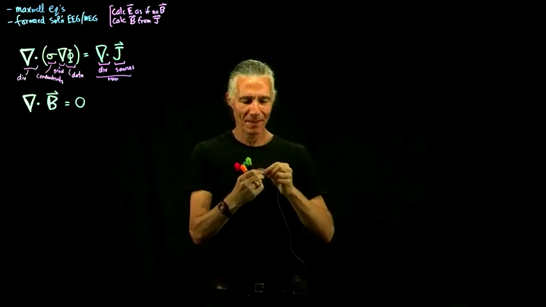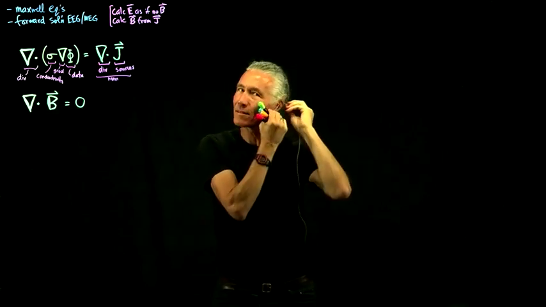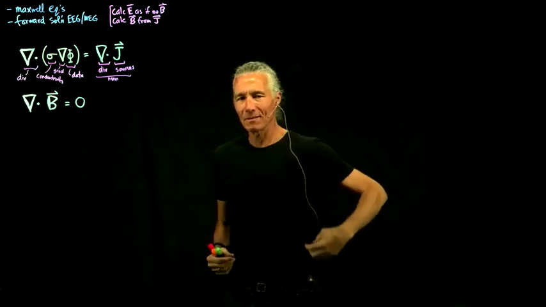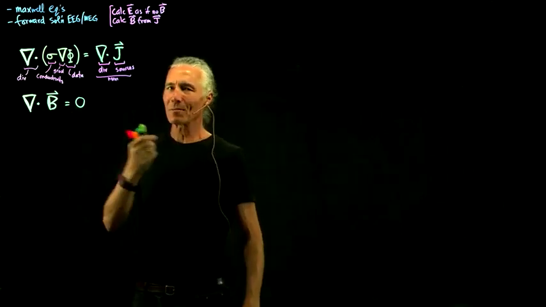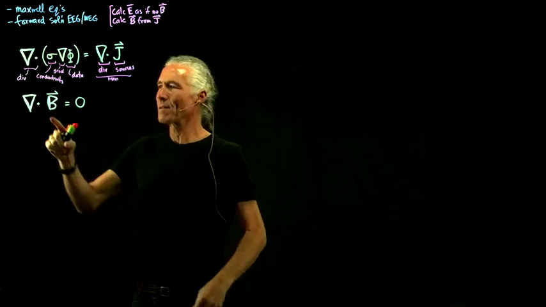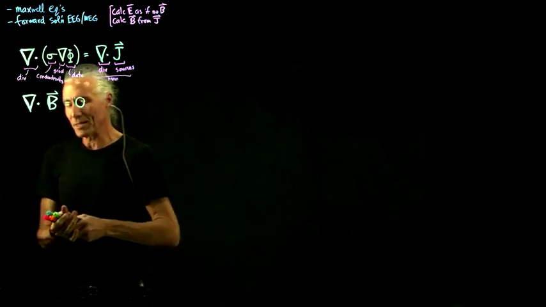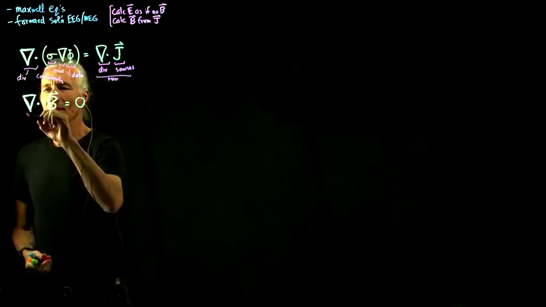So what good is 0? What this one says is there's no divergence of the B field.